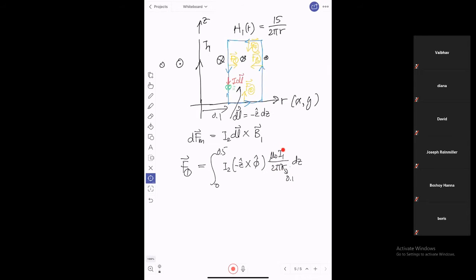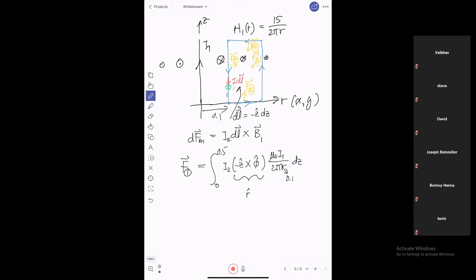So this is a constant. Okay. So minus z hat cross with phi gives me this direction, which is r hat, right? And I2, so that's what I have. This is nothing but the r hat direction. It can be an x hat direction, depending on the coordinate system you use.